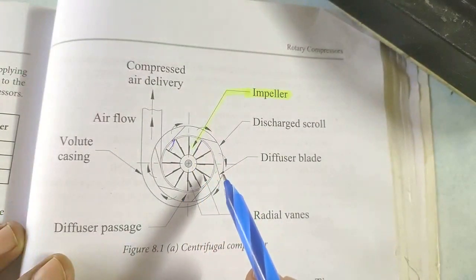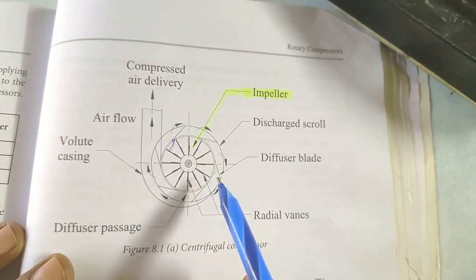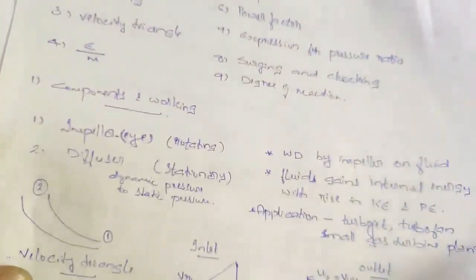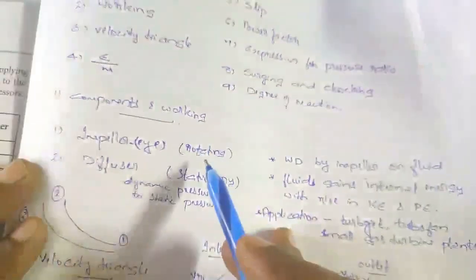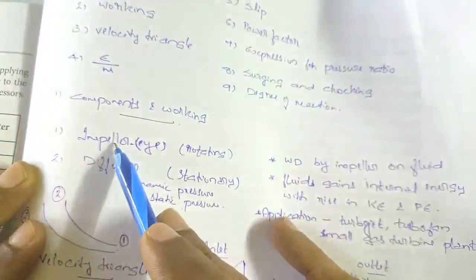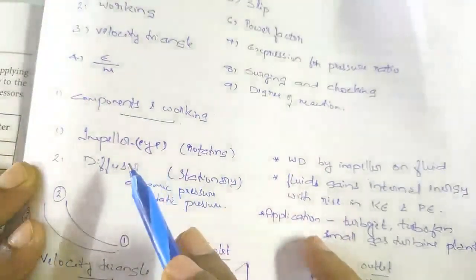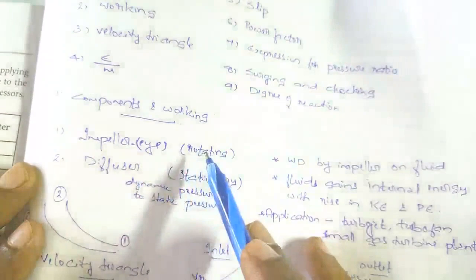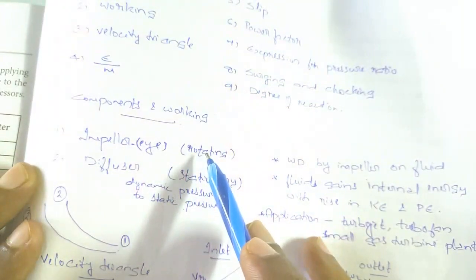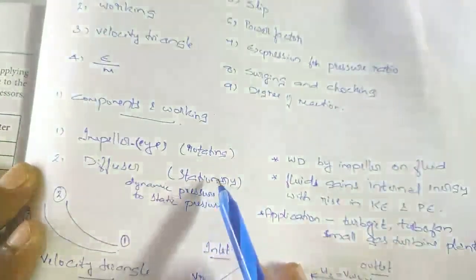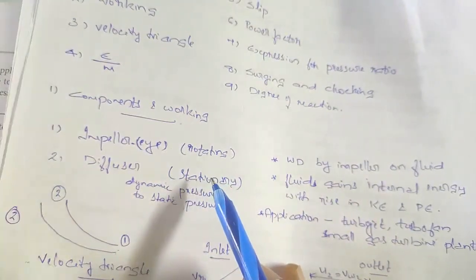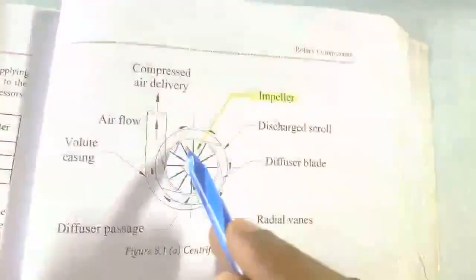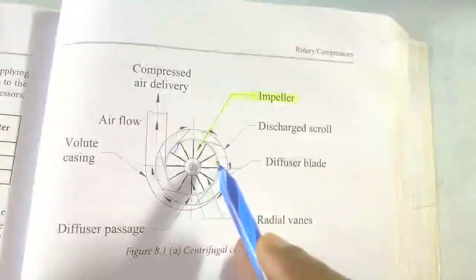A diffuser is a stationary component. So there are two components: a rotating component known as the impeller and a stationary component known as the diffuser. The impeller is a rotating wheel with a number of blades, and the diffuser is a stationary element with an increasing cross-sectional area. You can see the increasing cross-sectional area here.